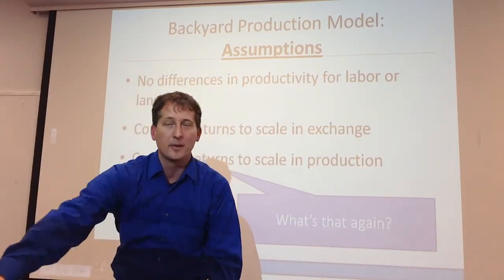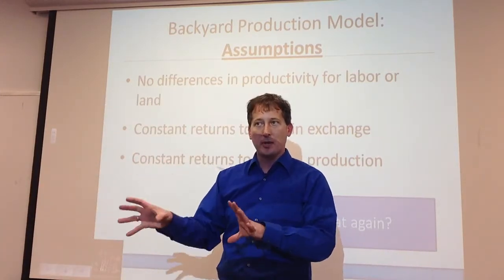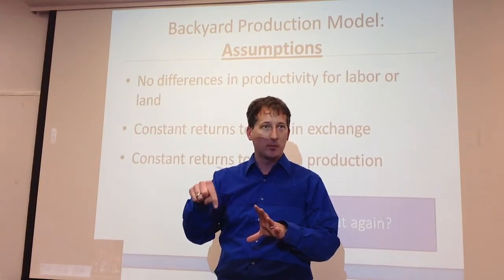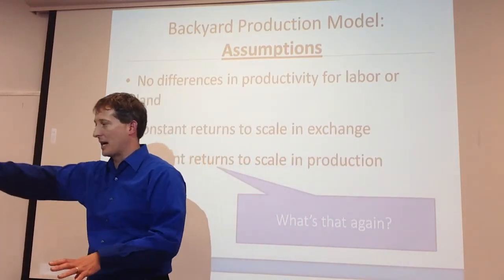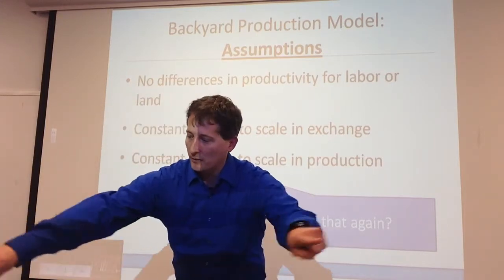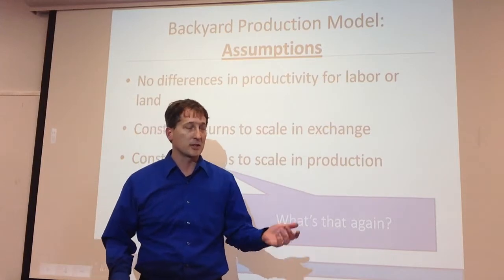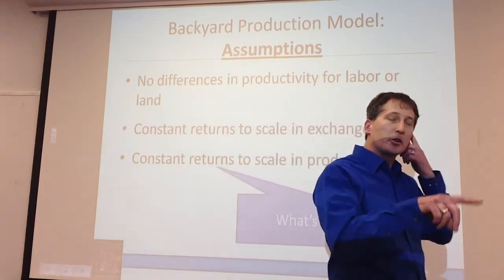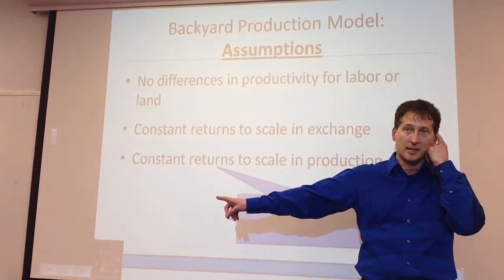That's our grill top. As I add more and more labor to a fixed grill top, the amount of additional output eventually goes down. That was the grill and the hamburgers. Now, the law of diminishing marginal product is a short-run concept. This is a long-run concept.